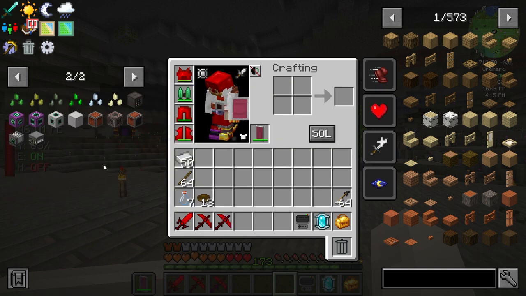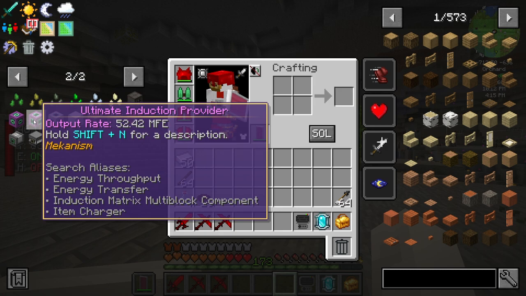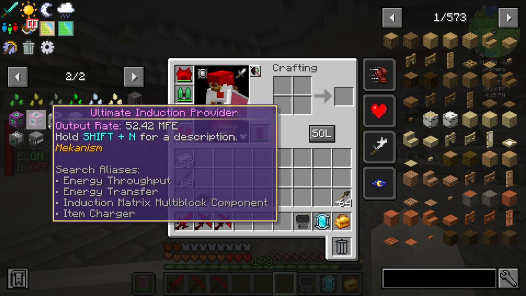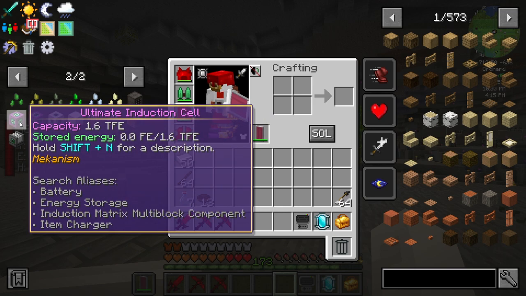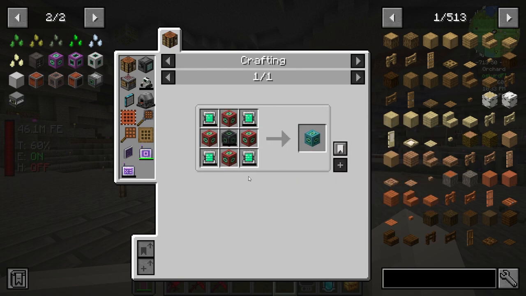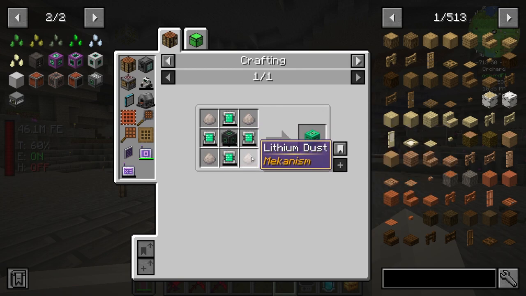Because last time I was thinking that we could go up to this ultimate induction provider and induction cell, whose capacity is 1.6 tera FE. Sadly, some of this very first step includes lithium dust, and getting lithium dust is not as simple as you could imagine.